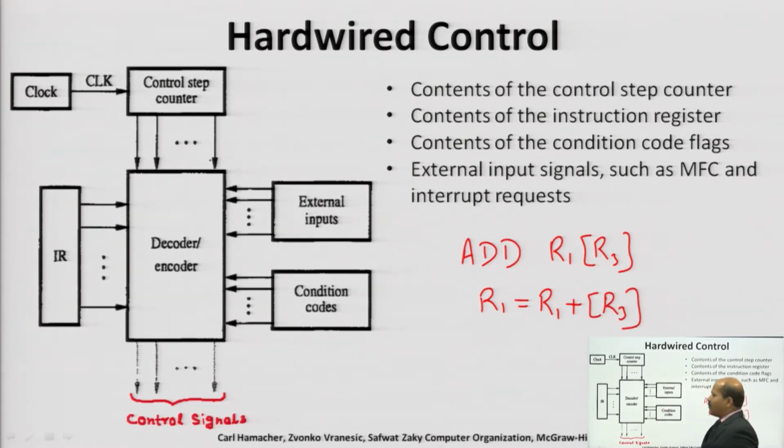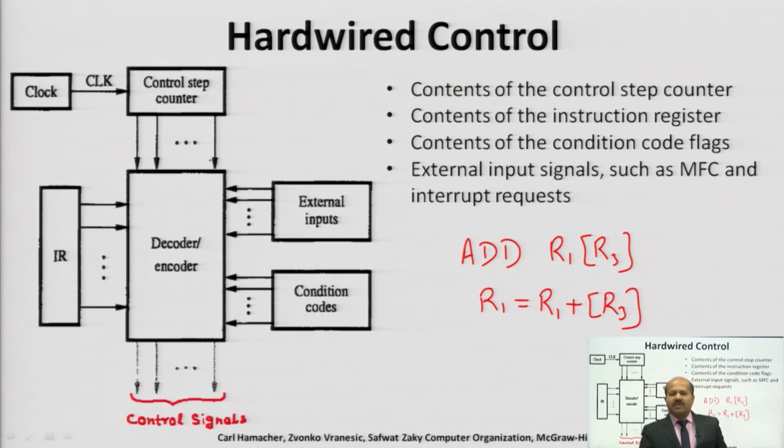R3, where the R3 register has the address of the second operand, and this operand has to be fetched from main memory. Various control steps we have seen, various control signals are to be issued. The first step is instruction fetch.